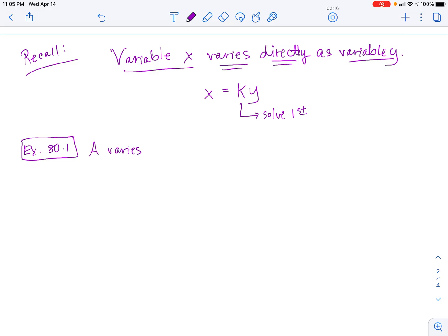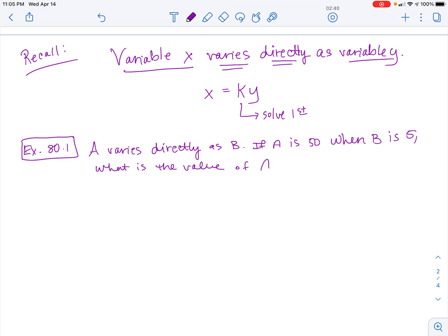A varies directly as B. If A is 50 when B is 5, what is the value of A when B is 7? So instead of x and y, we're going to use A and B, and we've been doing that.